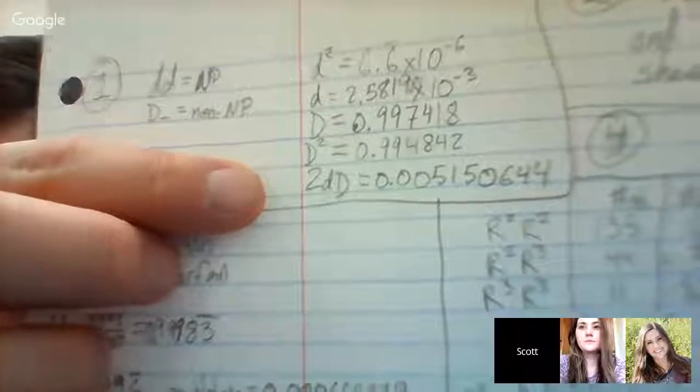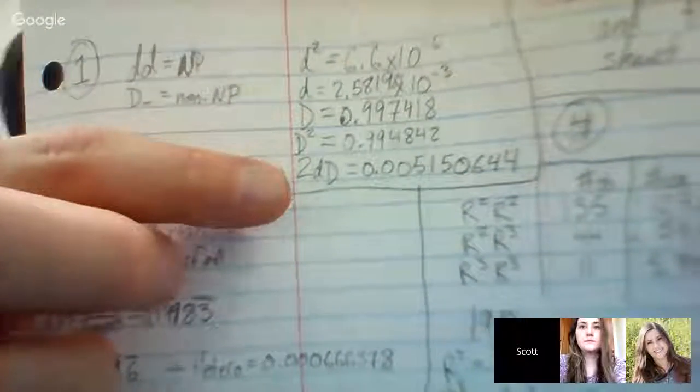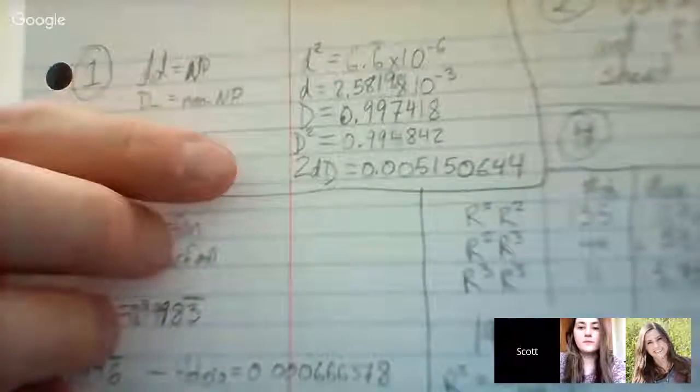Right here, you get everything you need by using the Hardy-Weinberg equation, p squared plus 2pq plus q squared equals 1. So using that, I was able to get the answers to the first one.